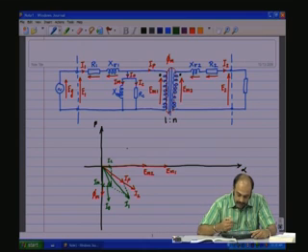So, this is the primary current I1 at the terminal, I2 is the secondary terminal current.